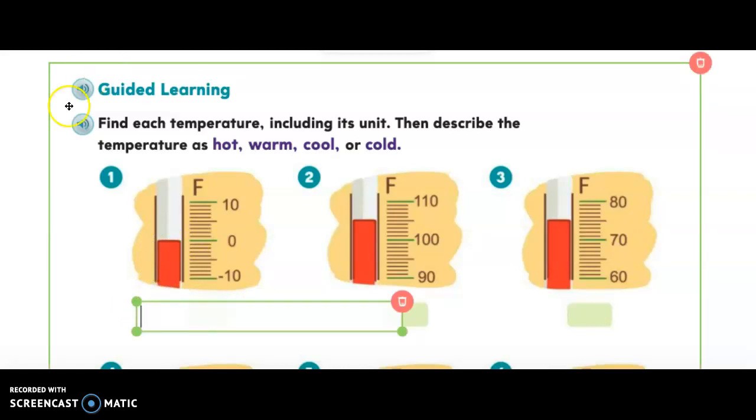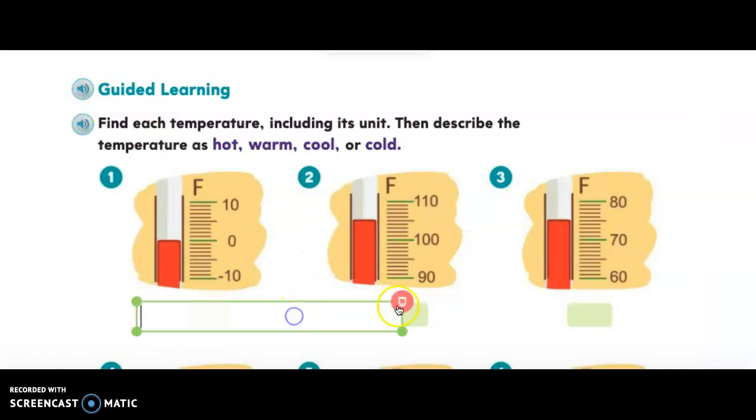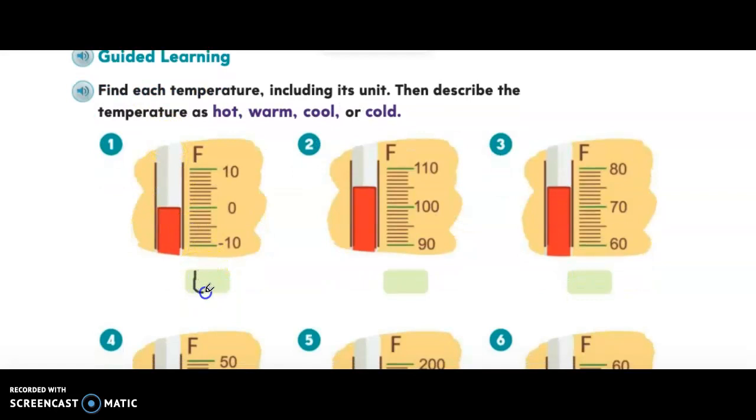So this is showing us 0 degrees, which you show by doing that little circle, Fahrenheit. And with that, it means this is cold. This is a very cold temperature, okay?